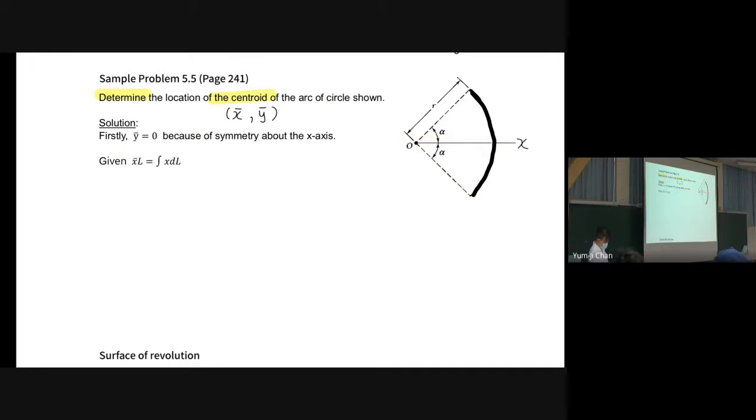We let this be the x-axis and this the y-axis, and the area above the x-axis is equal to the area below the x-axis, and they are of the same shape. So it is symmetric about the x-axis. So y bar equals 0. That means the centroid is on the x-axis.